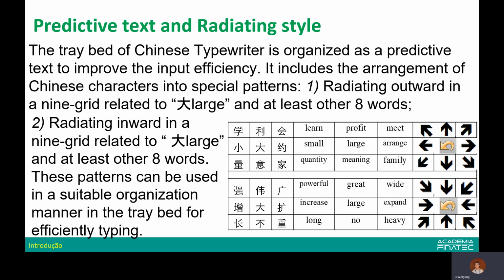For example, 大学、大、大家、大量, etc. 2. Radiation inward in language related to 大 and at least 8 words. For example, 伟大、广大、扩大、长大、增大. These patterns can be used in a suitable organization manner in the treatbed for efficient typing.